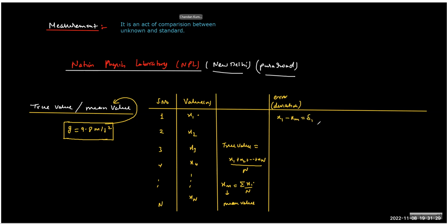And this deviation is actually called error, but we'll come to that, what exactly error is. So first of all, we'll call it just deviation, not error. Error will come later on. So what you get is deviation. Then you perform the next experiment, and you get another deviation, and you keep on repeating.